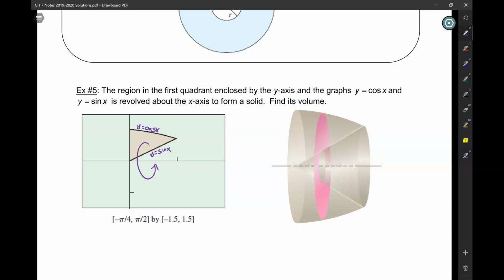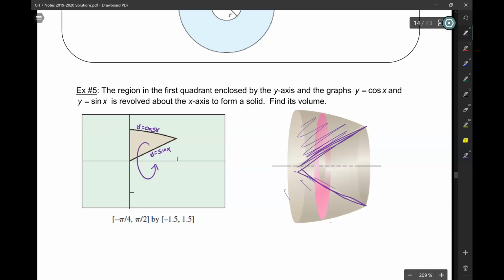What it looks like is the one on the right, right? So the solid part is this stuff, okay? And then inside of this funnel shape is empty space, okay? So now, when I take a cross section and I look at it, it looks like that pink or purple, whatever it is, it's a washer with a hole in the middle.